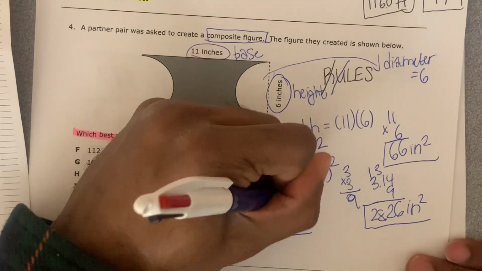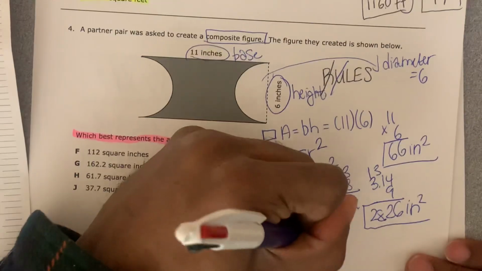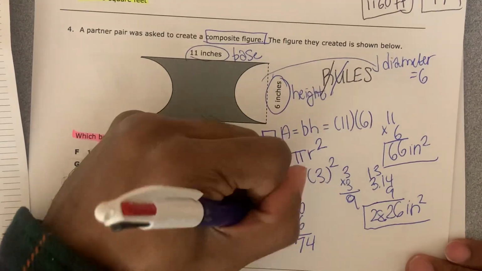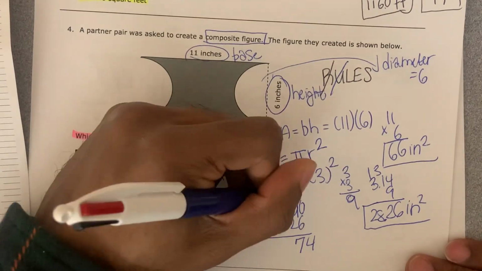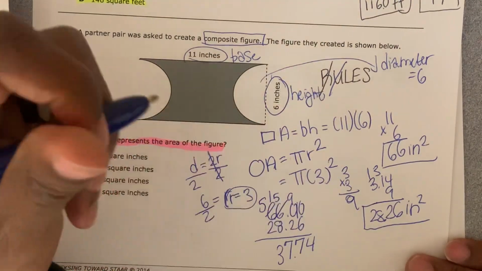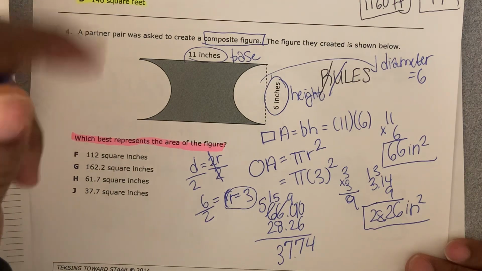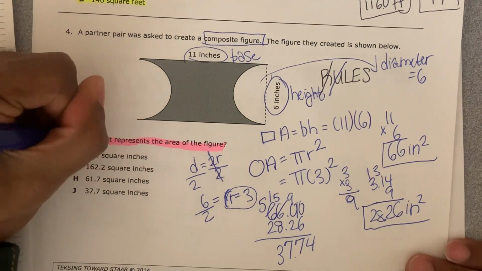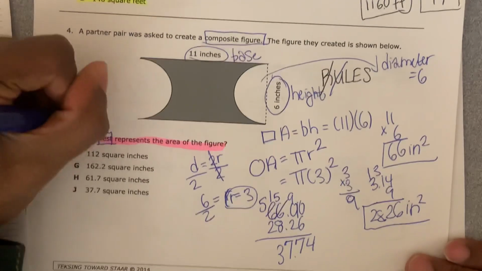Borrow from our neighbor, that becomes a 9, a 10, 4, 7, that becomes a 5, that becomes a 7. So 37.74 square inches. Which best, keyword, this means the closest.